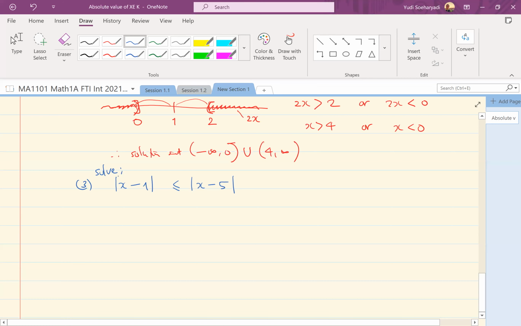So again, how did you solve this when you were in high school? Move the x minus 5 to the left and then add and subtract it. Add subtract what? x minus 1 plus x minus 5 and then x minus 1 minus x minus 5.